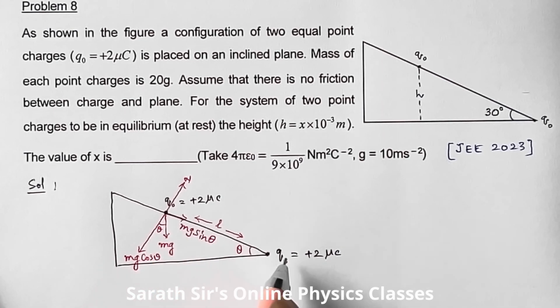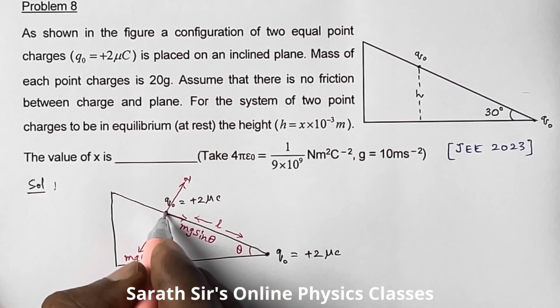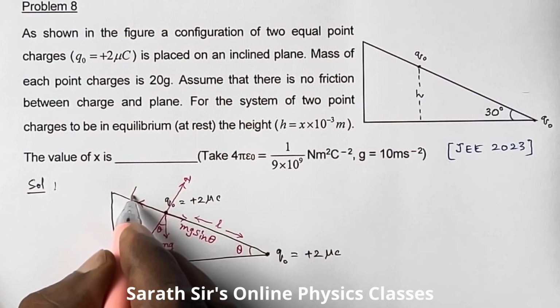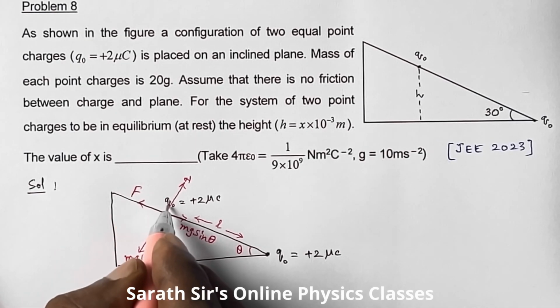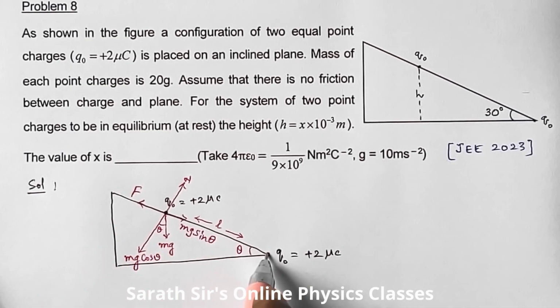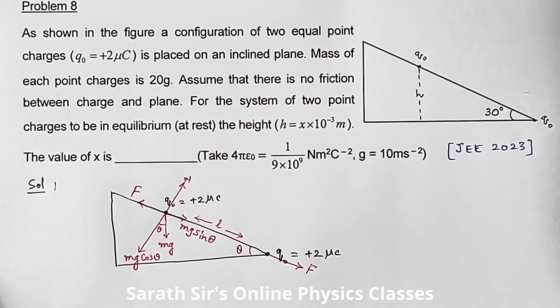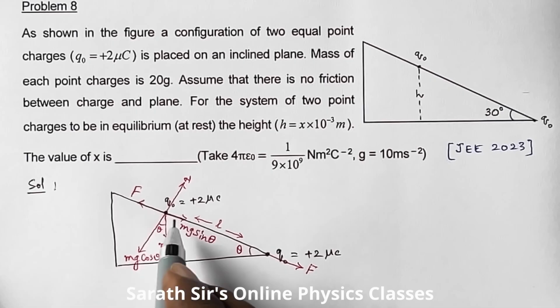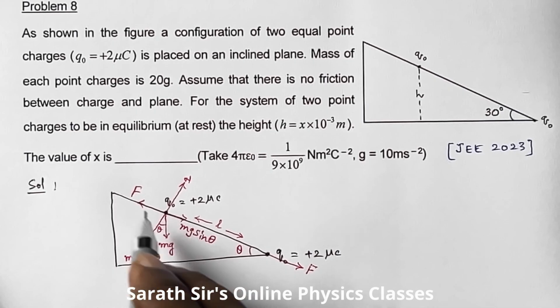These two are like charges, they repel each other. So this is the direction of Coulombian repulsive force acting on this Q naught, and this Q naught simultaneously also repels this Q naught in the opposite direction. These are the forces acting on them. So in equilibrium it is clear that upward force is equal to downward force.